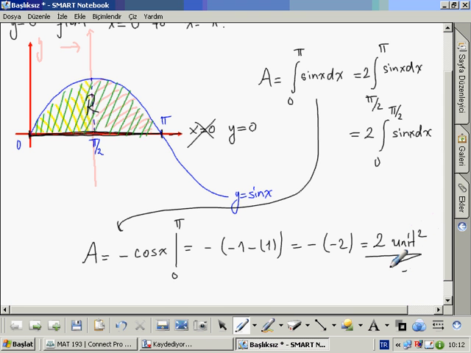Okay, and let's continue with the method of substitution.